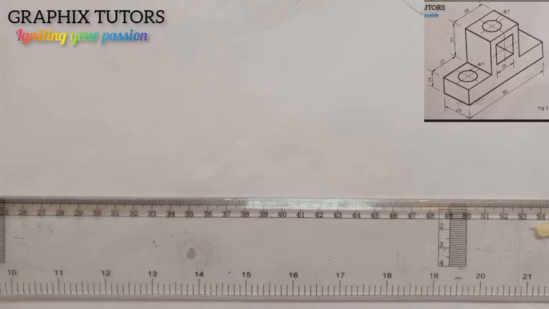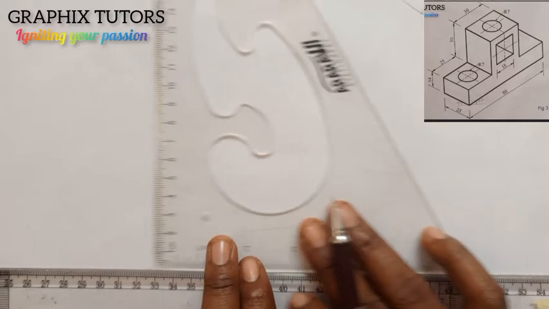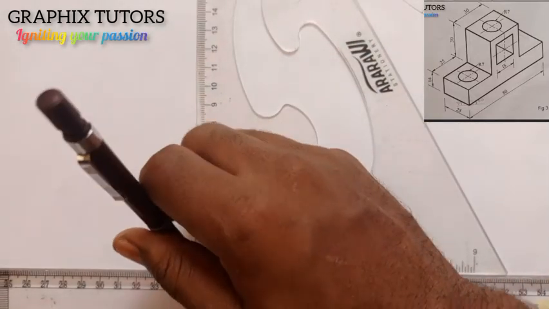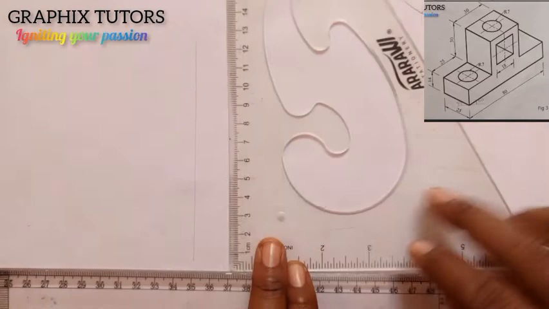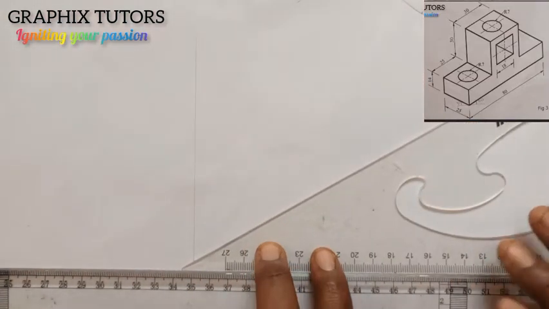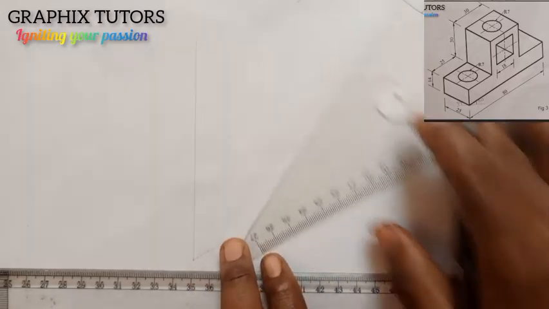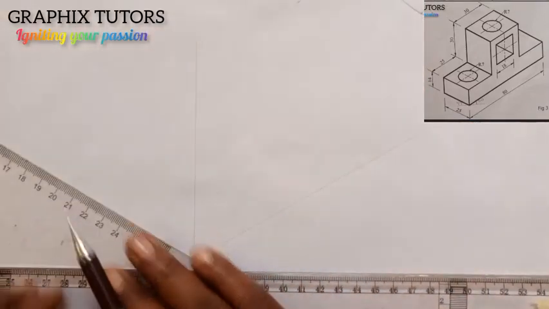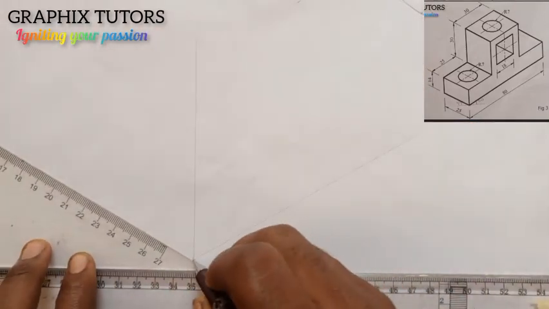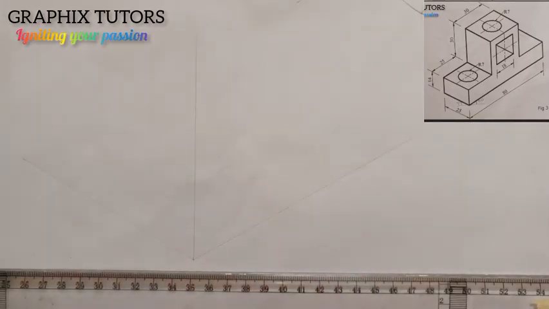So what you do first of all is you take your 30-degree set square, and you're going to draw your vertical axis, and you draw your axis inclined at 30 degrees to the horizontal, and you draw it both in the left side and in the right side of the paper.